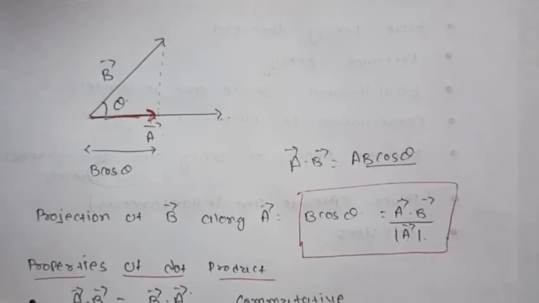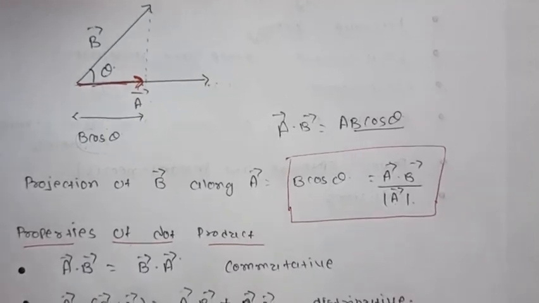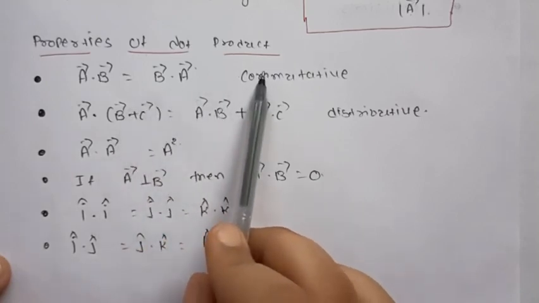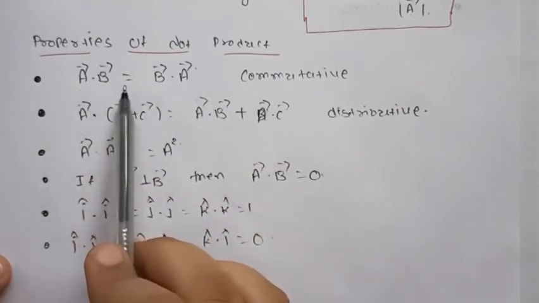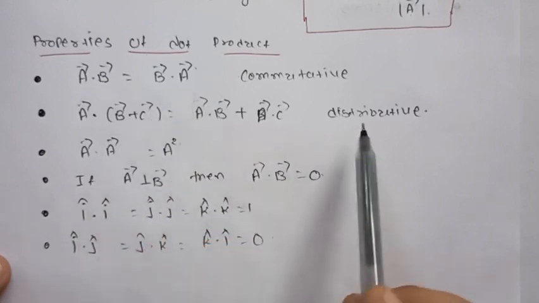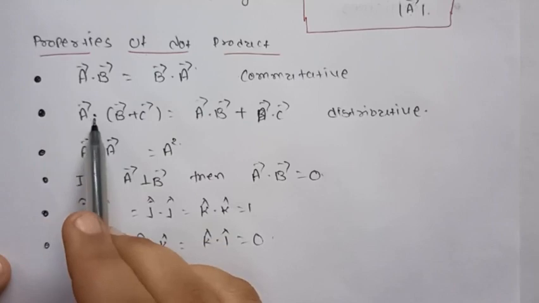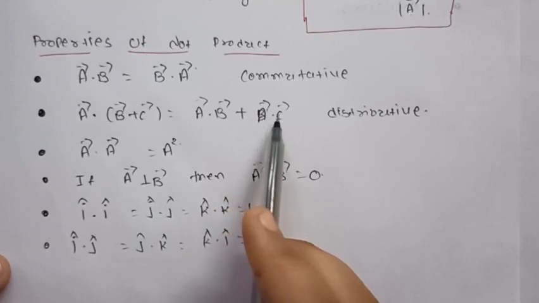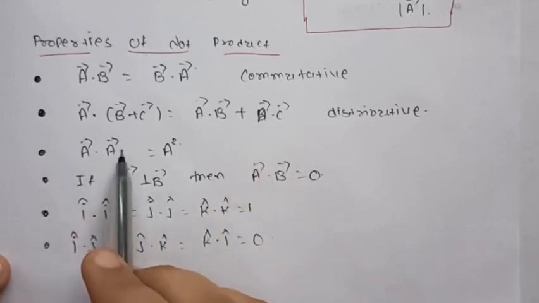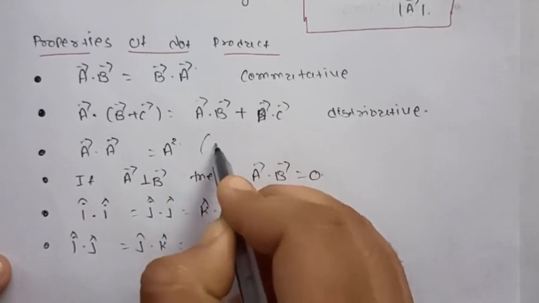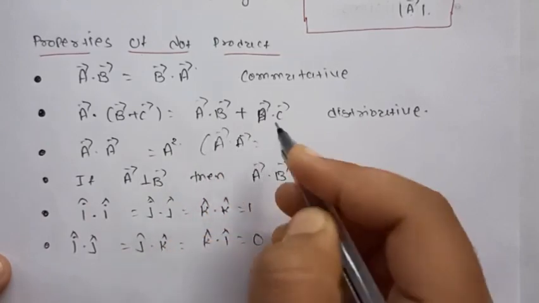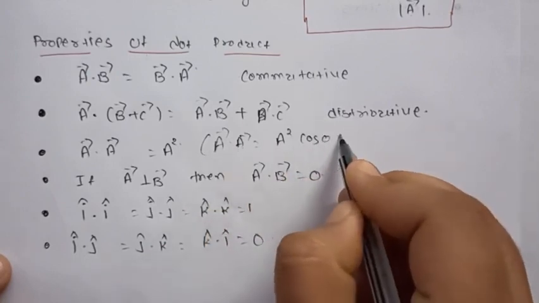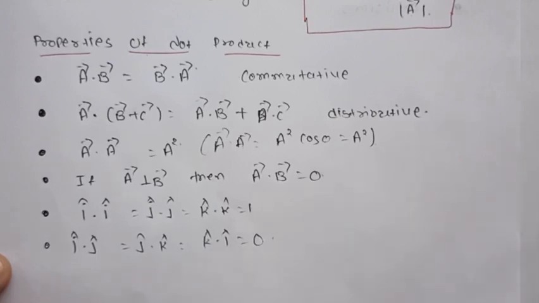Now let us see some properties of the dot product. The first property is that the dot product is commutative, that is A dot B is equal to B dot A. Second, it is distributive, so A dot (B plus C) is equal to A dot B plus A dot C. Then A dot A is equal to A square, because A dot A is equal to A square cos 0; the angle between A and A is 0, so this gives A square.